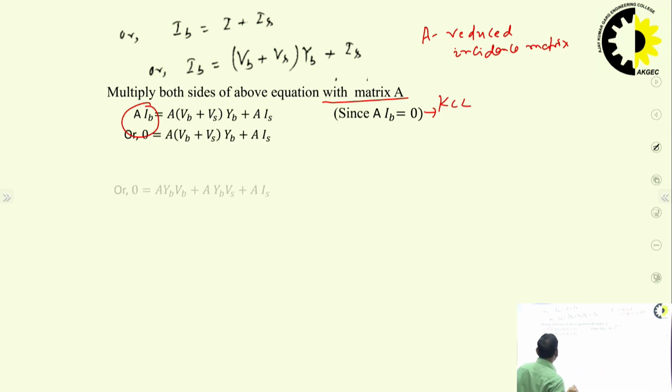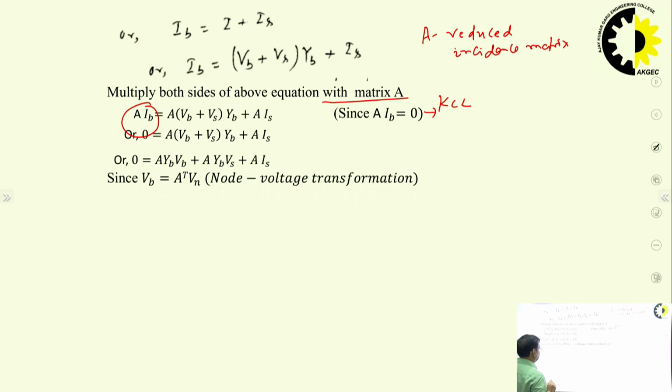On simplification, we get this. There is another relationship between the branch voltage and node voltage: the branch voltage is equal to A transpose into the node voltage. Putting VB here, we get this.